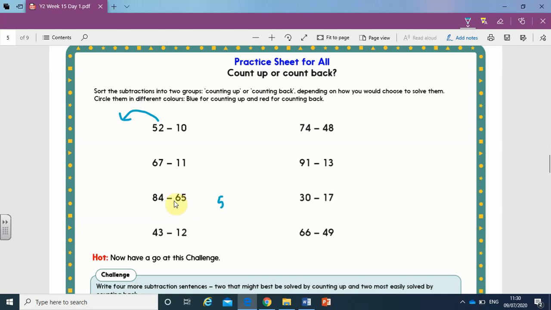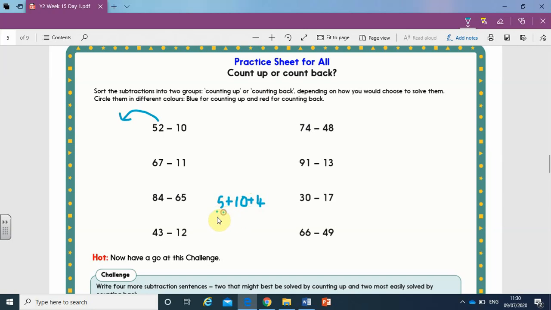So I'll just make this clearer one last time. So 65 up to 70 is 5. 70 up to 80 is 10. 80 to 84, 80, 81, 82, 83, 84 is 4. So I've counted up, so I'd need to add each of those. 10 and 5 is 15, 16, 17, 18, 19.